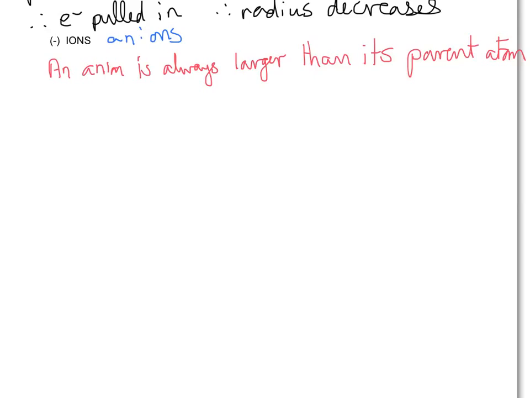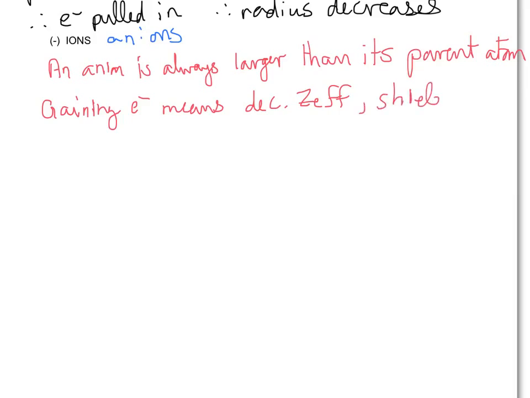To become an anion, you gain electrons. Gaining electrons means that you have a decrease in Zeff. That is because your shielding increases. It increases because now you have more electrons to repel each other.